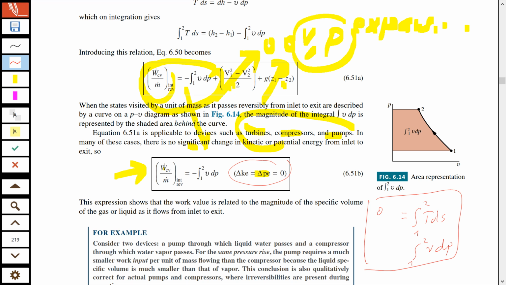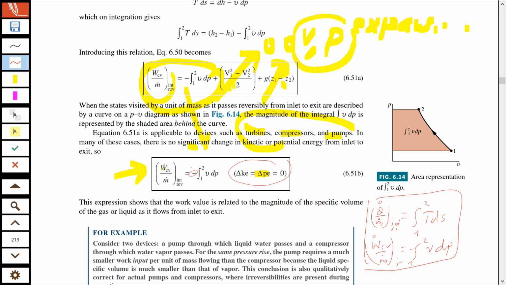Integral 1 to 2 TdS is Q dot over m dot for internally reversible process. And with the minus sign, integral vdp is W dot CV over m dot, again for internally reversible. Don't miss out the minus sign, okay?